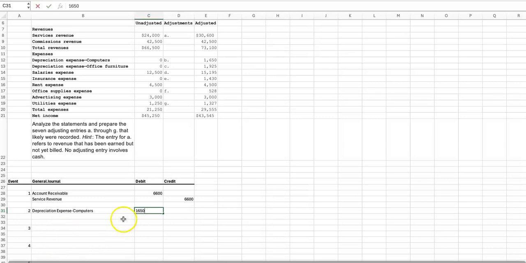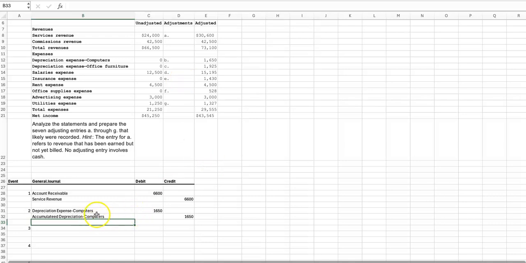Then accumulated depreciation is a contra account, so there's going to be two sides of the equation. That is accumulated depreciation, and you can include computers in here as well. That also will include that $1,650 for the credit account. For that one, pretty simple.